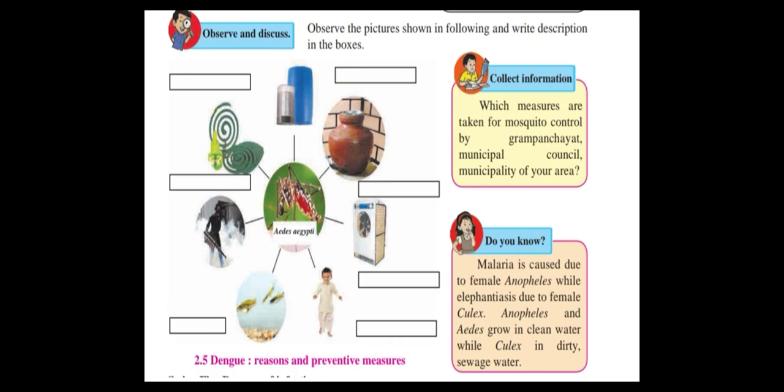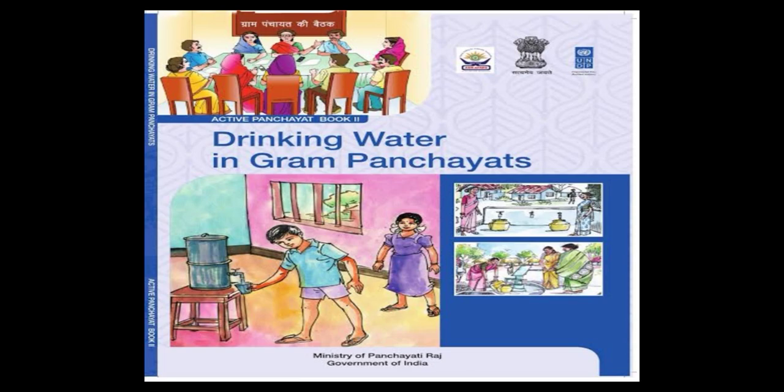Now moving ahead, collect information, it is given in the right corner. You will see a box about the measures taken for mosquito control by the Gram Panchayat, Municipal Council and municipality of your area. So which measures are taken in our area? These measures are cleaning of the drains, gutters, pit holes, roads, and no collection of water.